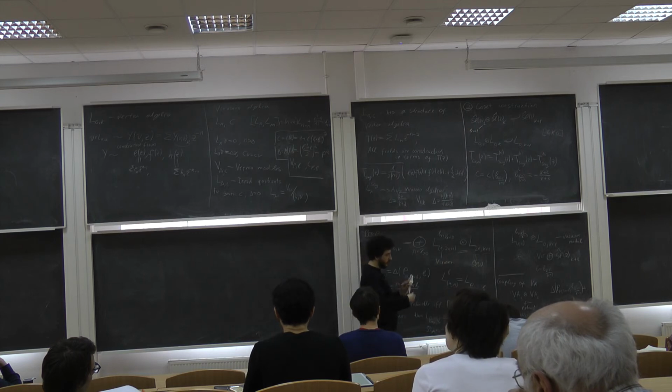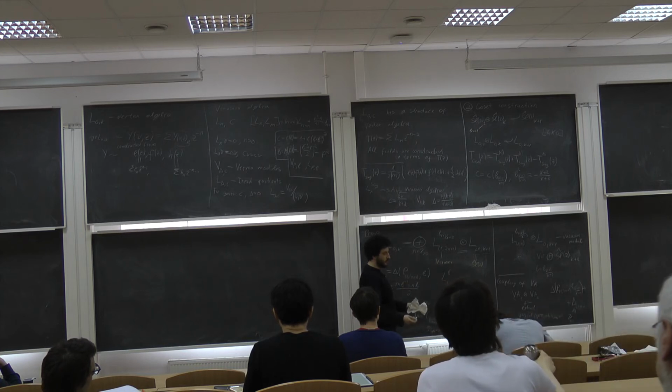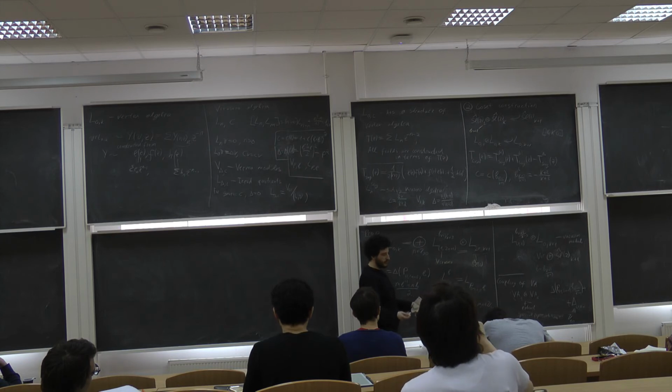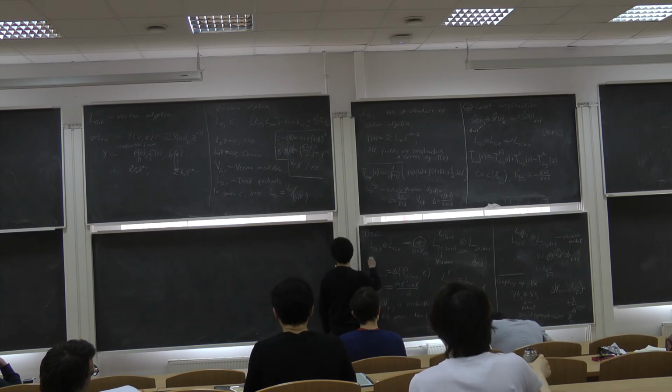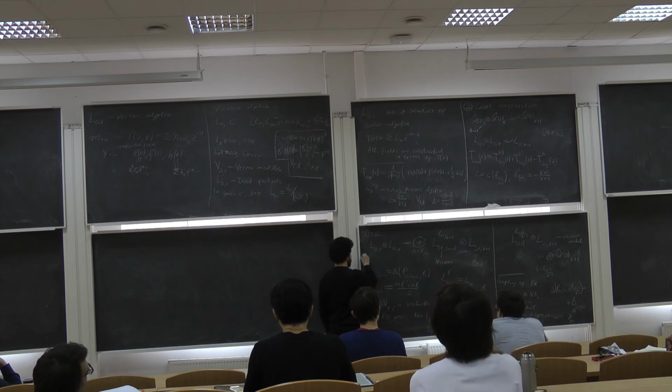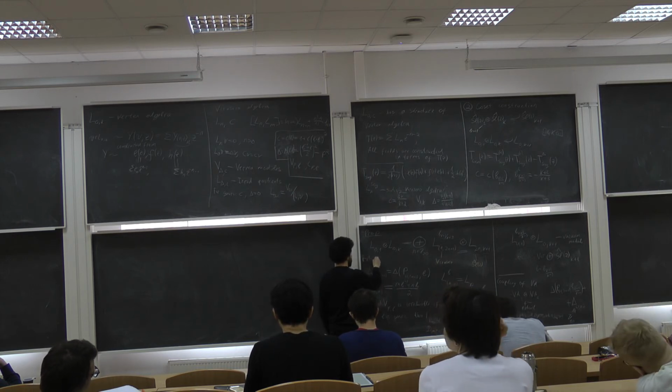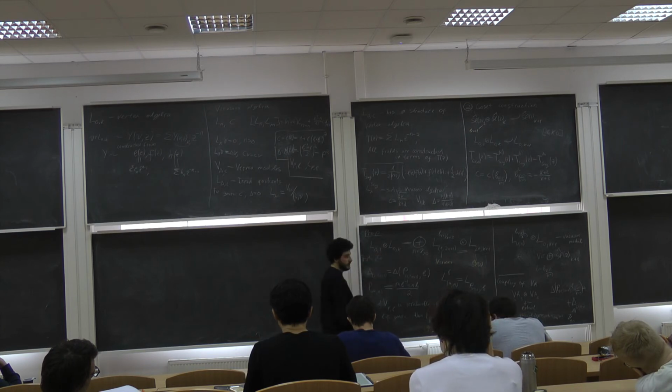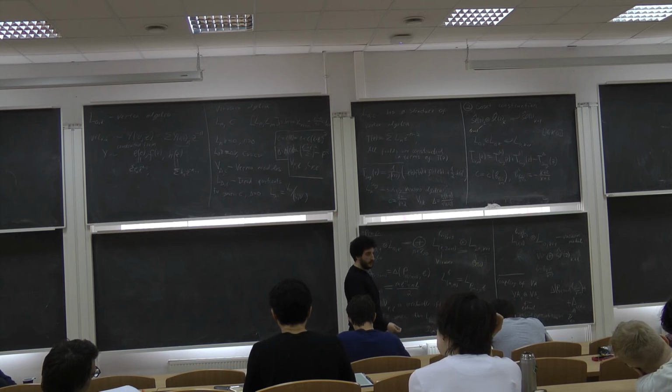So instead of characters, I need to calculate something more difficult. A character is just the trace of some Cartan element. So in this case, it will be something like trace of x to the power h0, z to the power l0, something like this. I can calculate the trace of a more difficult element, and actually I can apply some vertex operator before, and this is what I will speak about.